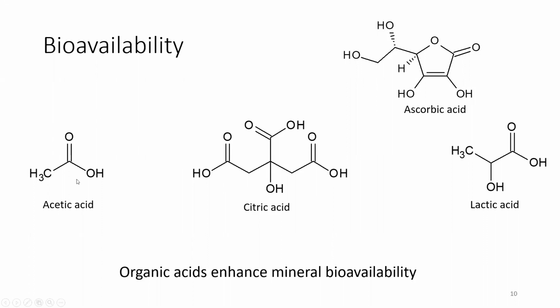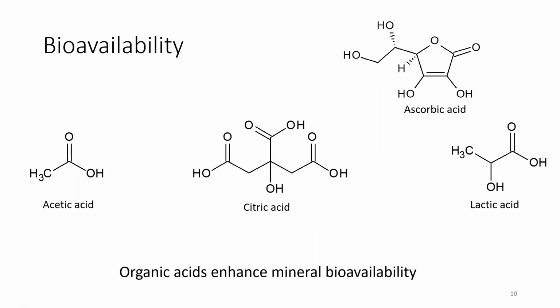Acetic acid just has one ionizable hydrogen on it, one proton that can come off. So that one obviously can form just a complex. Remember, a chelate has to form an interaction in at least two places. These others, though, can all form chelates.